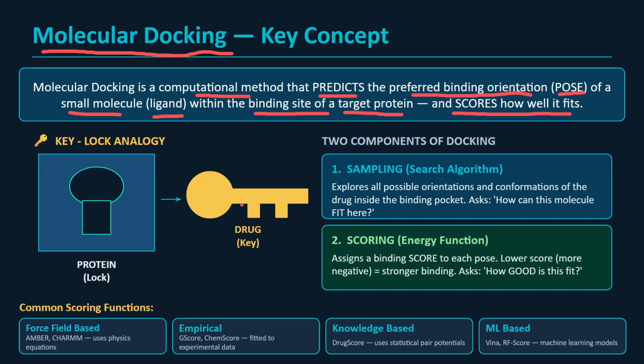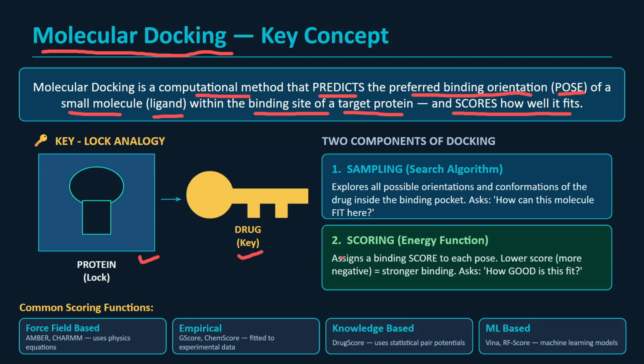Think of it like a lock and a key. The protein is the lock with a keyhole, which is the binding pocket. The drug is the key. Docking predicts which shape of the key fits best into the lock.